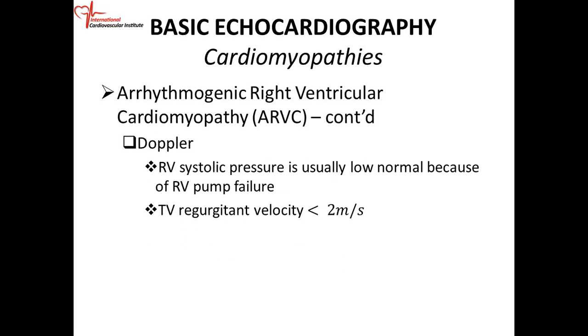So the RV systolic pressure is going to be reduced. And it is not unusual to see TR velocity less than 2 meters per second. So when you calculate your TR gradient, 4V squared, it's going to be reduced.